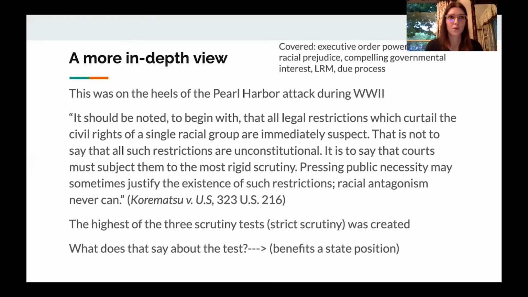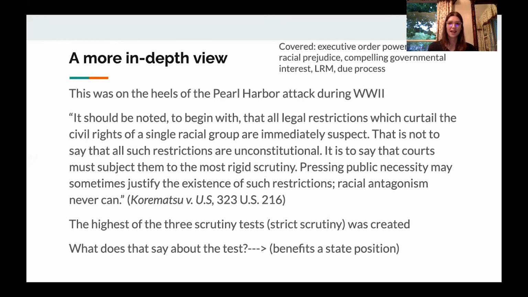This test is used for affirmative action cases. One of Ruth Bader Ginsburg's big things was trying to use the strict scrutiny test for gender discrimination. Basically, there's a lot of reasons why you would use strict scrutiny. They use it in the First Amendment, and the case actually wasn't decided the way you might expect. They used the most strict form of scrutiny, and it wasn't decided for the petitioner. It was decided for the respondent, the government, in the case.